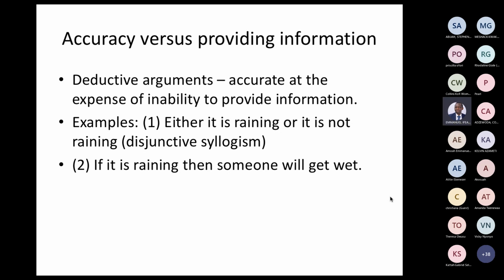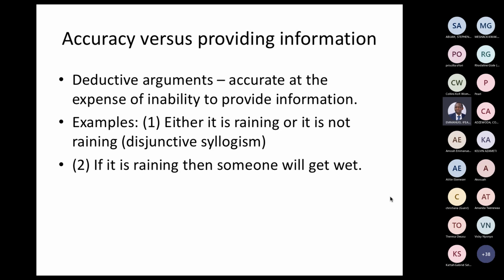But does it tell you anything about whether it is raining or not? The answer is no. It doesn't tell you that it is in fact raining. And so you can say that the statement is accurate at the expense of providing you with information about whether it is raining.